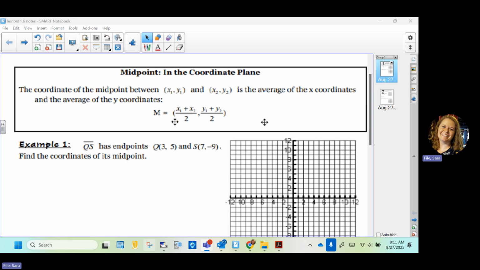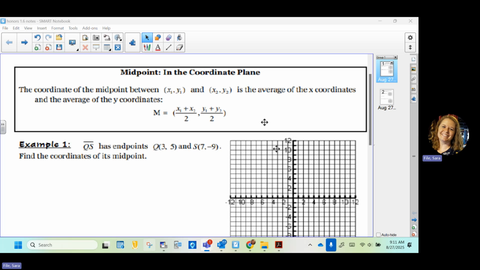You've got an open parenthesis, average of the x's, comma, average of the y's, close parenthesis, because we're finding the coordinates of a point. So the formula is just the average. You're adding the two x's of the endpoints, dividing by 2. Adding the two y's of the endpoints, dividing by 2. So that is algebraically what you're going to do to solve.